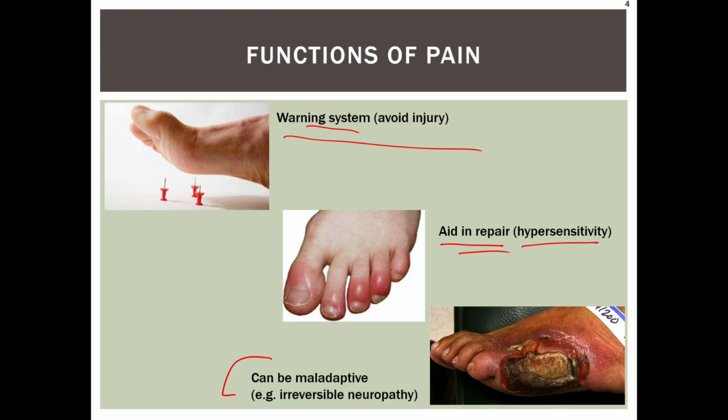And so pain, if you really think about it, has these two core functions as a warning system and as aiding in repair so that you avoid a particular area. And your goal then is a balance between having no pain, if you're trying to treat a particular kind of pain. Is it your goal to have no pain, or is your goal to just make the pain more tolerable?